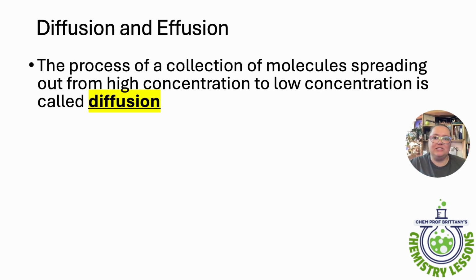Okay, so let's talk about diffusion and effusion because this is directly related to that molecular motion. Diffusion is the process of molecules spreading out from high concentration to low concentration. This is what you experience, let's say in the corner of my office over that way, I break a bottle of perfume, right? Those perfume molecules get up into the air.